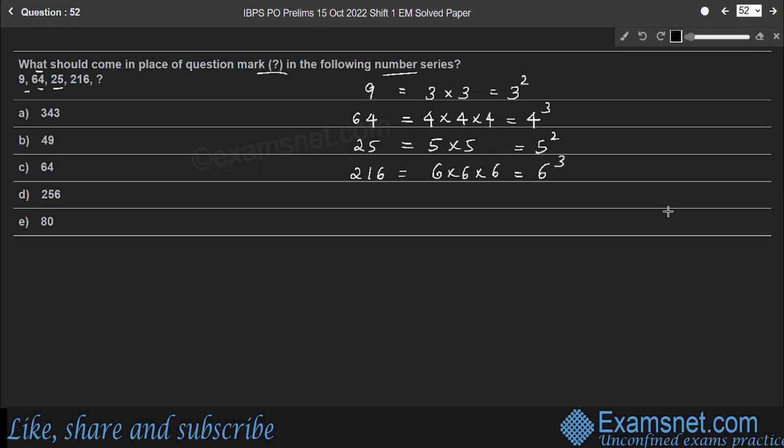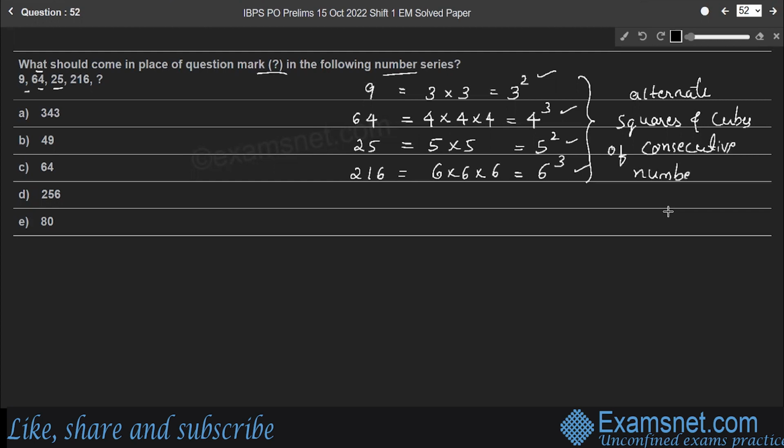Here, the numbers in the given series are alternate squares and cubes of consecutive numbers, right?